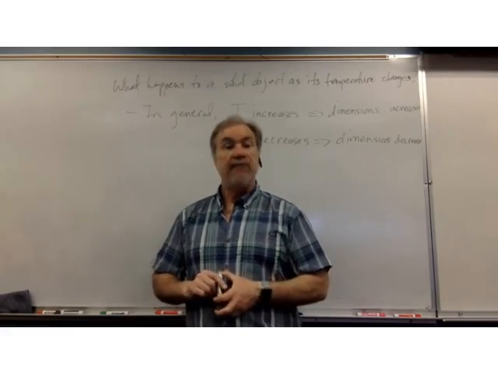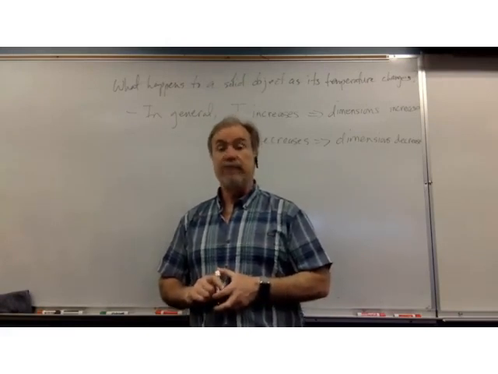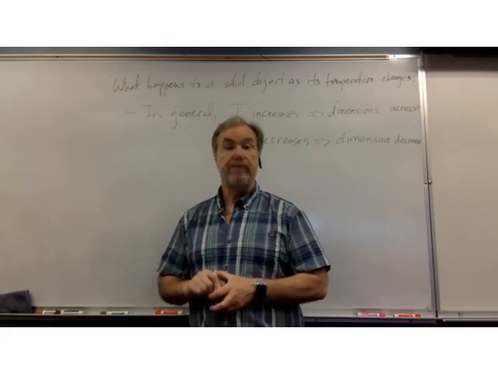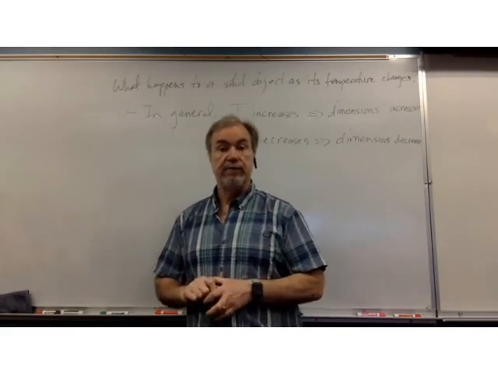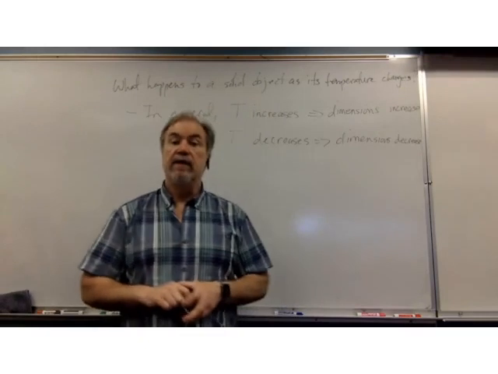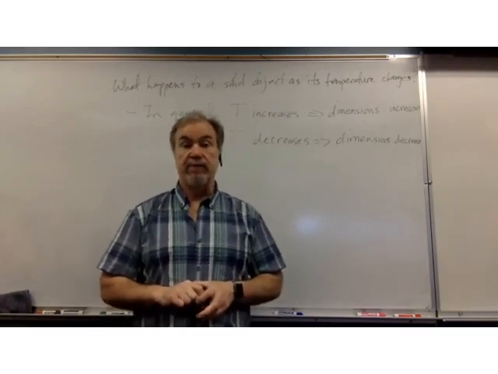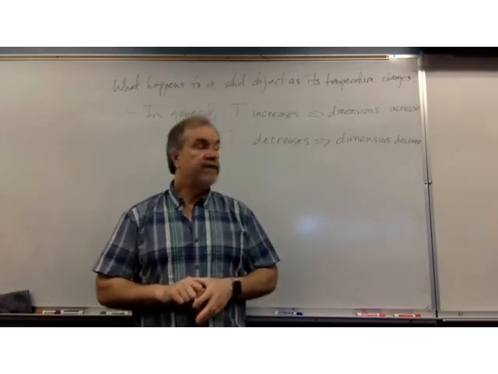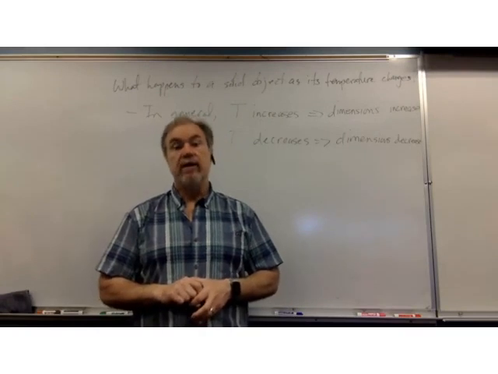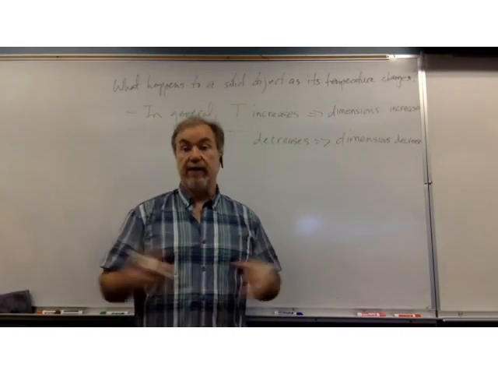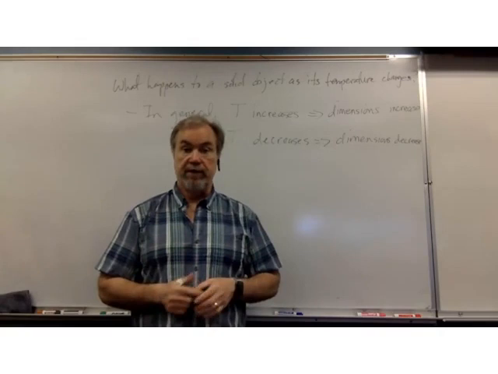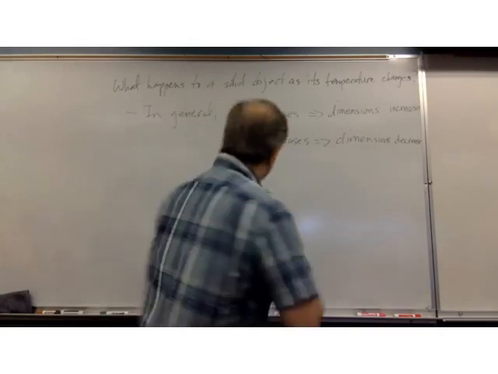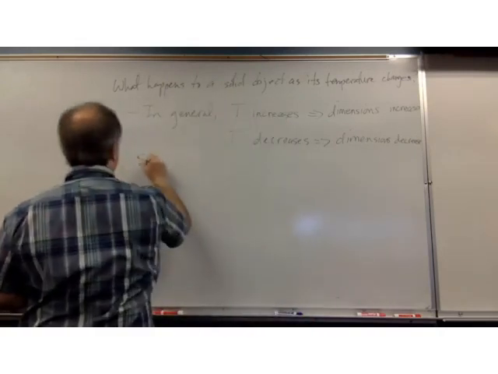The issue here is when I have an object whose dimension, one of its 3 dimensions is much, much larger than the other 2. And we've encountered this kind of approximation before. In any case, so when that's the situation, then we can talk about just its length increasing or decreasing. Okay. All right. So we'll just start with length.